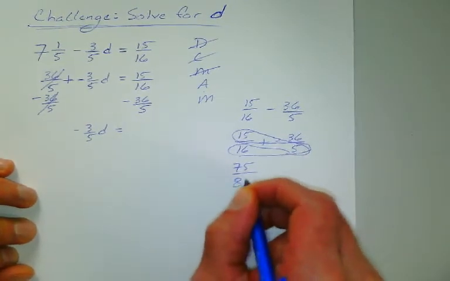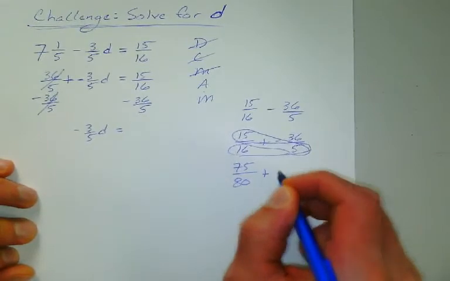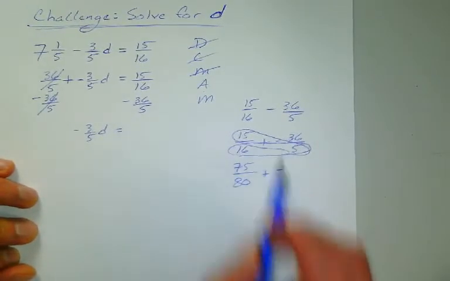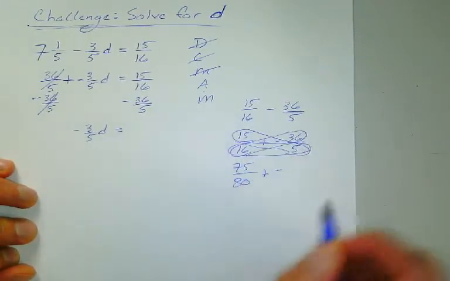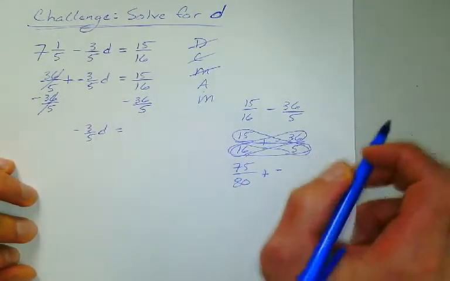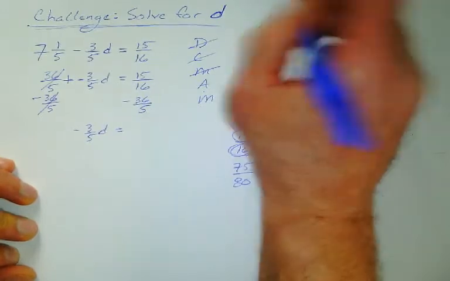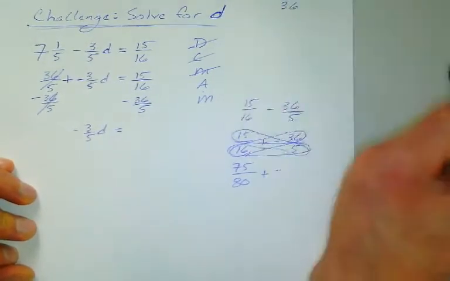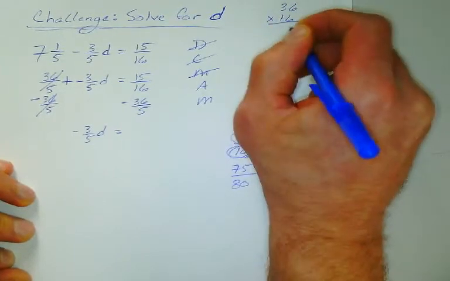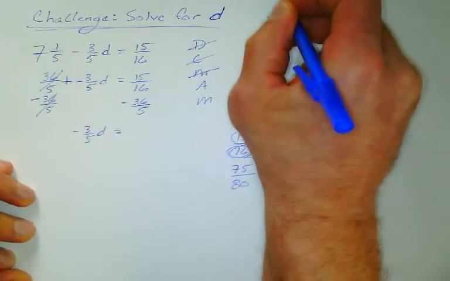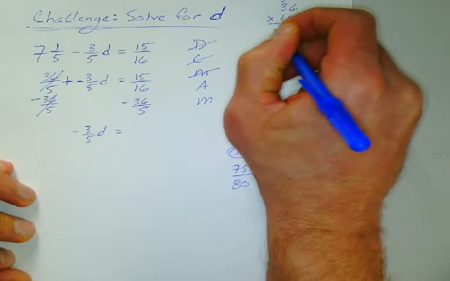So we've got 75 over 80 plus, we're going to keep that negative sign on the right, 16 times 36. Now 16 times 36, I can't do that in my head. Maybe if I try really hard. So let's do 36 times 16. So I've got 36, carry the 3, 18, 21.